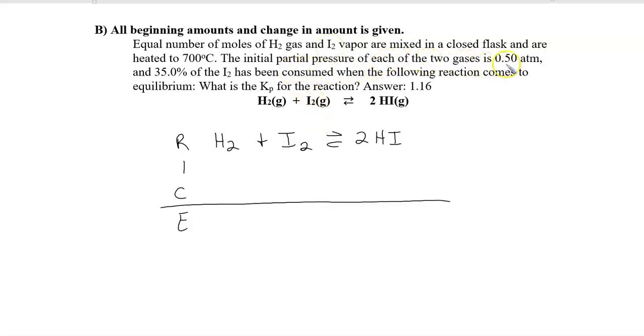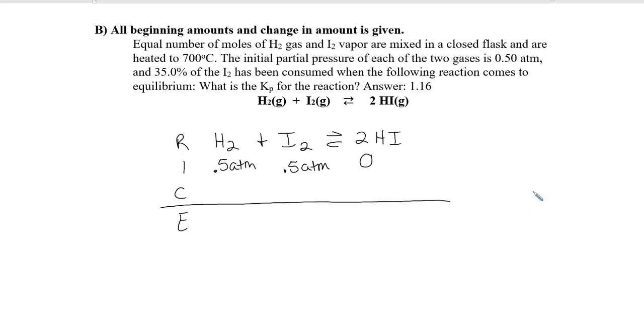So each one has a partial pressure of 0.5 atmospheres, and we can use atmospheres because we're dealing with Kp, since they're asking me to find the Kp. HI wasn't mentioned, and many times if it doesn't mention it, that's going to start out as 0.